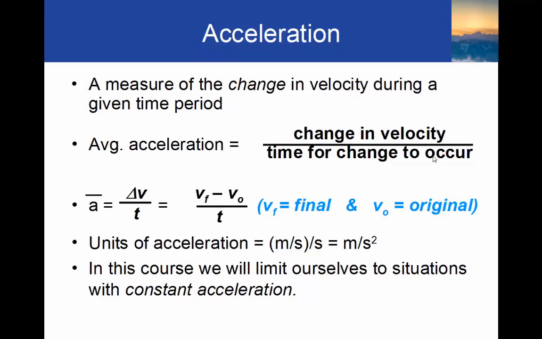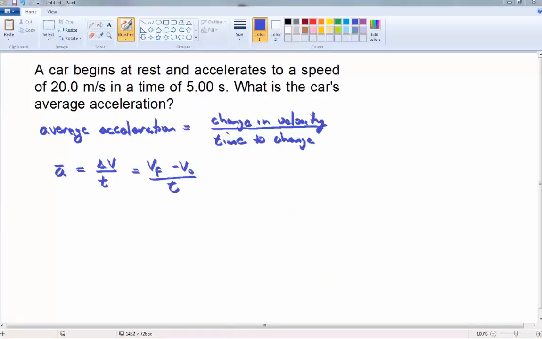For velocity, you could also say that if the car is initially moving from left to right, and then suddenly at the end it's moving from right to left, then initially it has a positive velocity and finally it has a negative velocity. So in any case, this right here is the equation that we need in words, and here it is in symbols. The equation we're actually going to use: average acceleration is change in velocity divided by time to make that change.